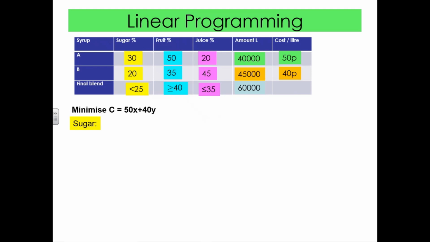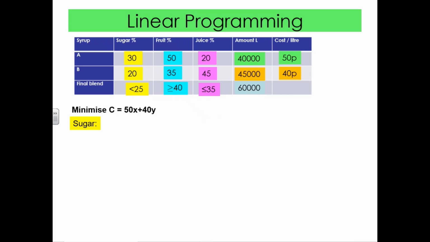So it's 50p times the number of litres of syrup A, which is x, plus 40p times the number of litres of syrup B. Equally, if you did it as 0.5 and 0.4 and did it in pounds, that's fine. That's our objective function. Then we're going to get constraints from each of our columns from here, basically. Okay.